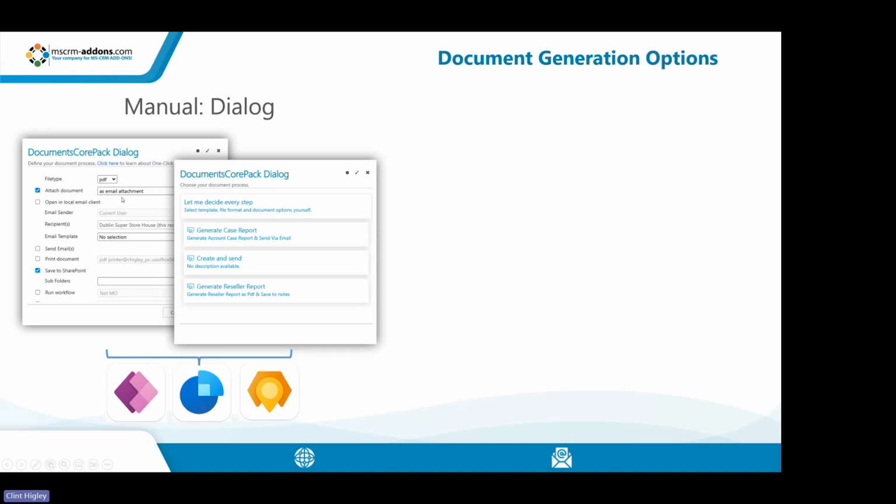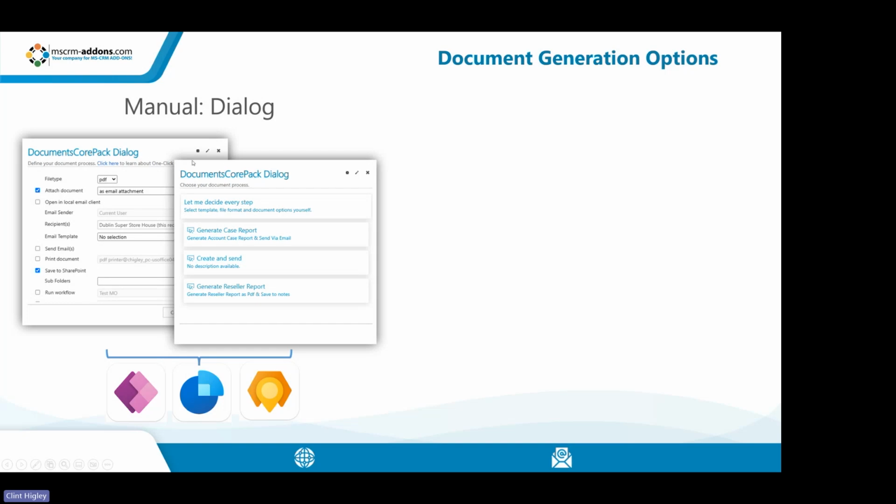It basically allows everybody to generate documents manually. It's totally user driven, right? If you want to decide everything yourself, you can select your file type, select whether or not you want to do email attachments, et cetera.